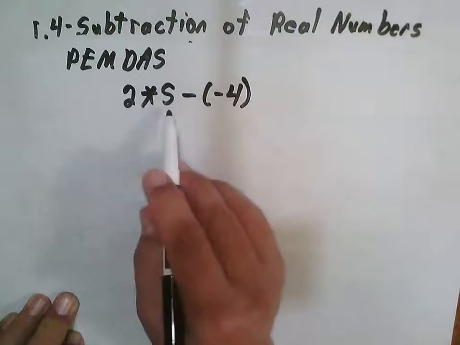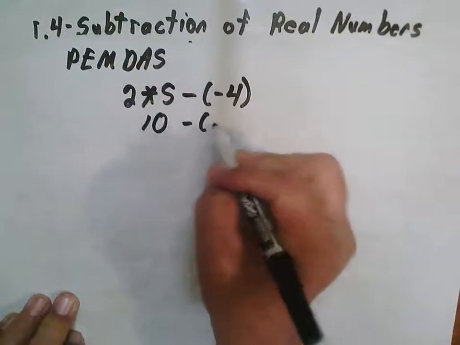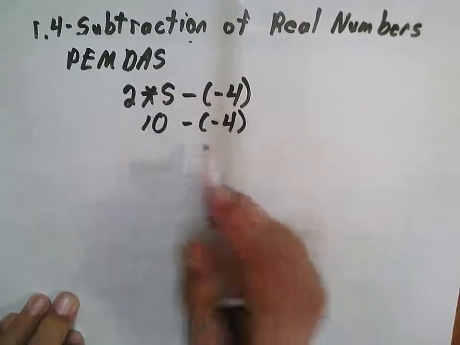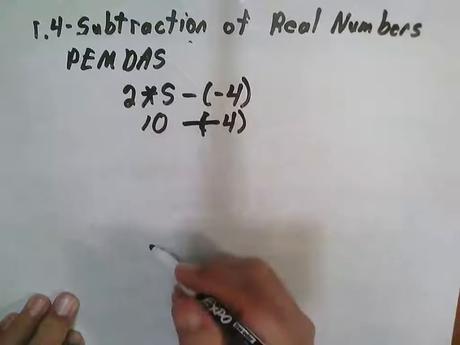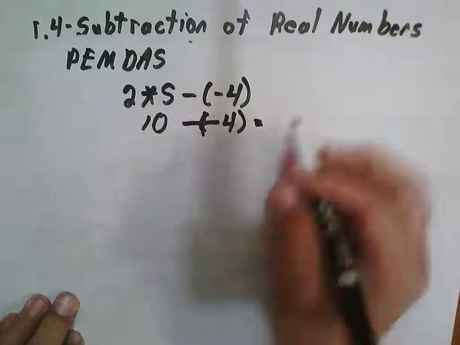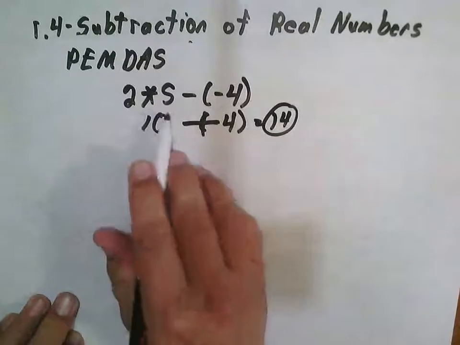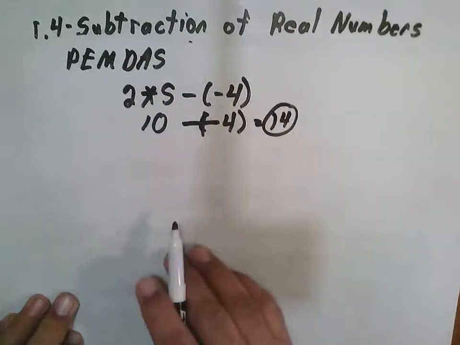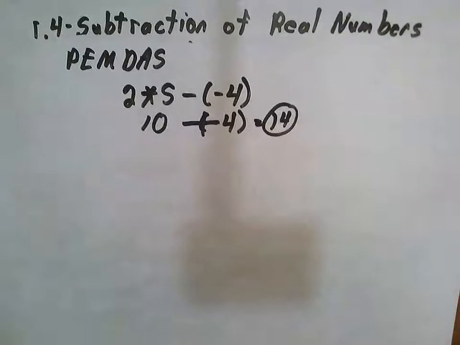The first thing I'm going to work out is this multiplication. 2 times 5 is going to give me 10, and I'm just going to rewrite the second part. Once again, because these two match, it automatically turns into a positive, and I'm going to do it that way because that's the way I'm consistently going to do it in this class. 10 plus 4 is going to give me 14. The main thing people want to do is say 2 times 5 is 10, minus 4, I'm at 6. But that's not the case. Just like if you let somebody borrow money from you and they keep borrowing money from you, they'll get negative to you and get farther away from what they owe you.